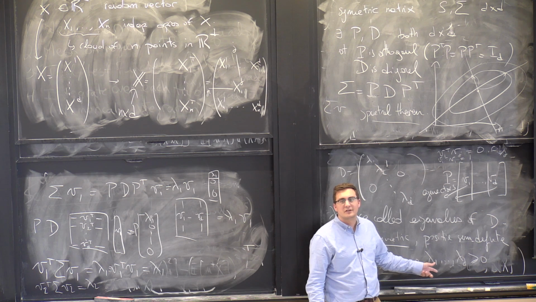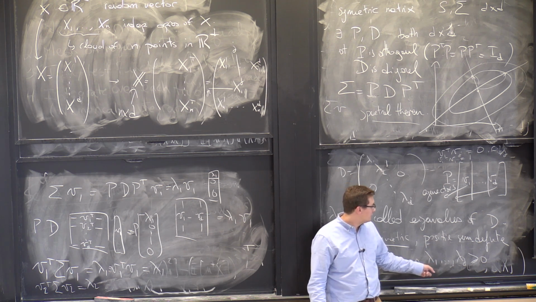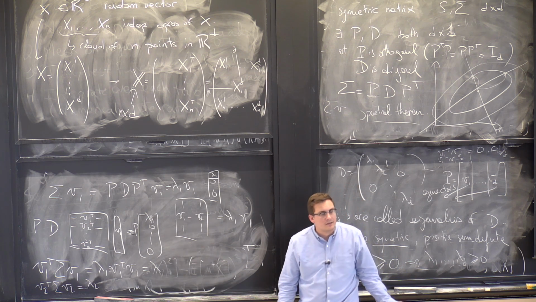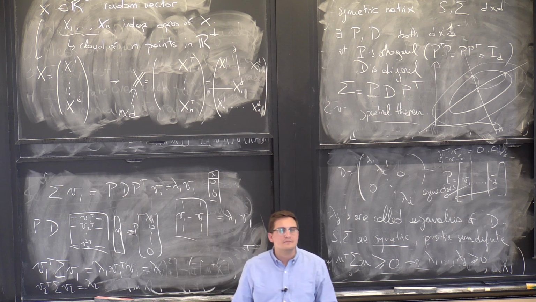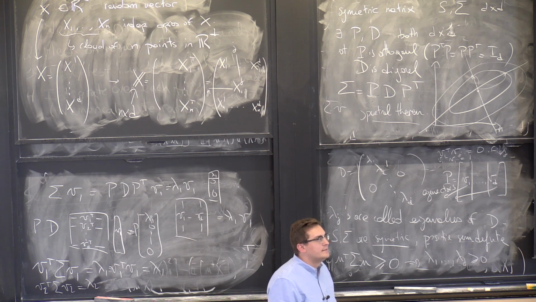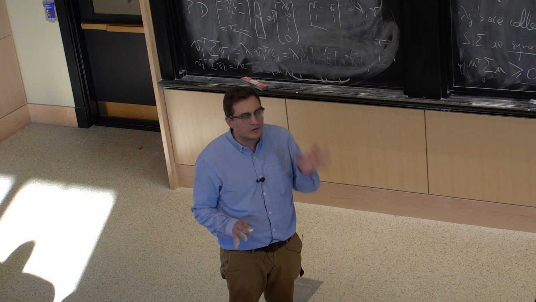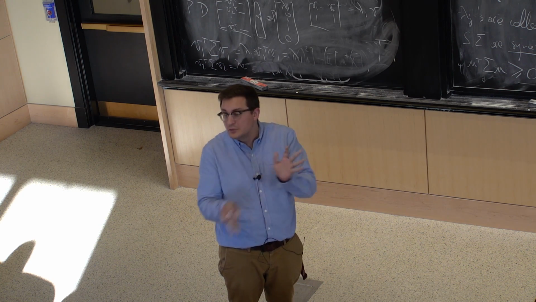Which proves this, because the variance along the eigenvectors is equal to the eigenvalues. So since they're variances, they have to be non-negative. Now I'm looking for the one direction that has the most variance, right? But that's not only among the eigenvectors, that's also among the other directions in between the eigenvectors.